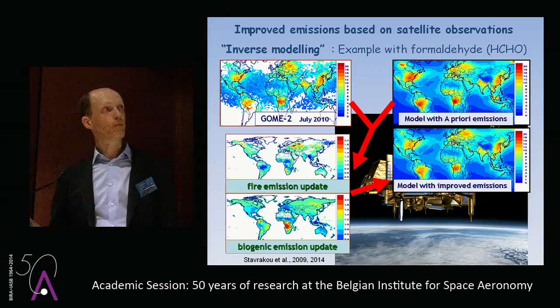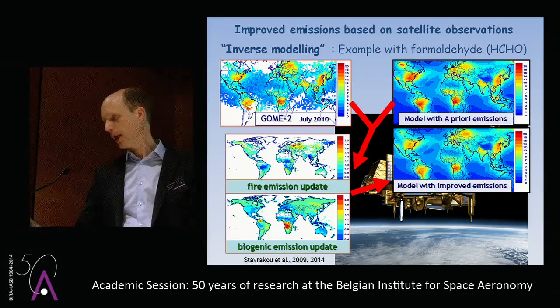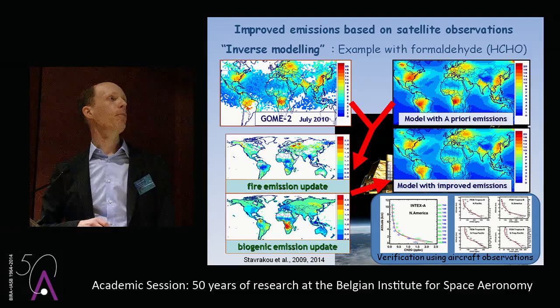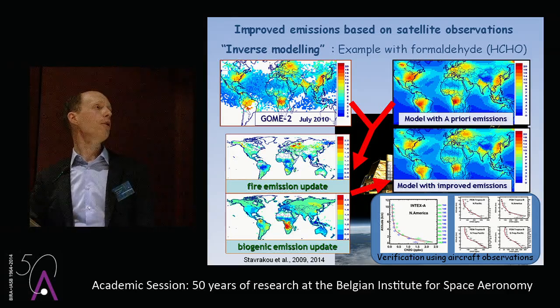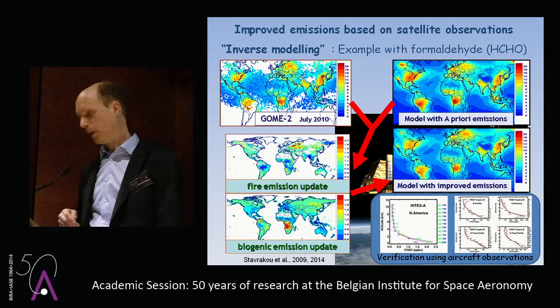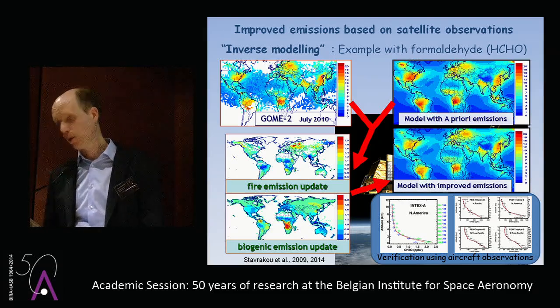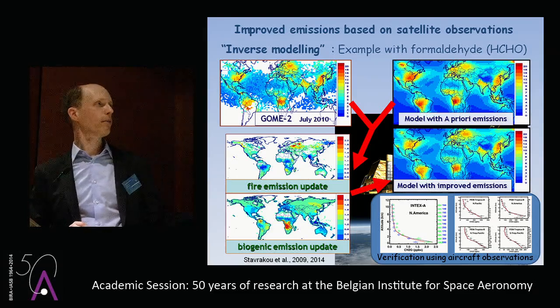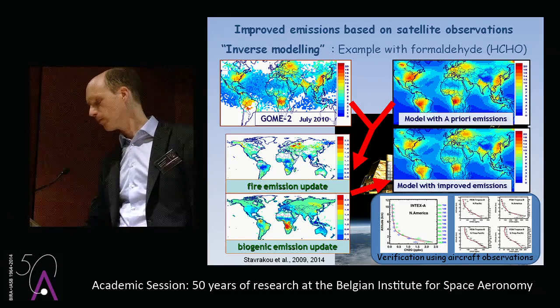And then this shows the model results with improved emissions, and we have conducted comparisons with independent observations like the aircraft observations over the US, and what this tells is that the improved emissions lead to a better agreement with those measurements as well, which is actually a kind of confirmation, validation of the GOME-2 data set.